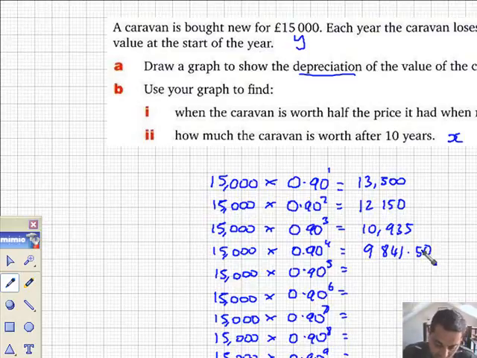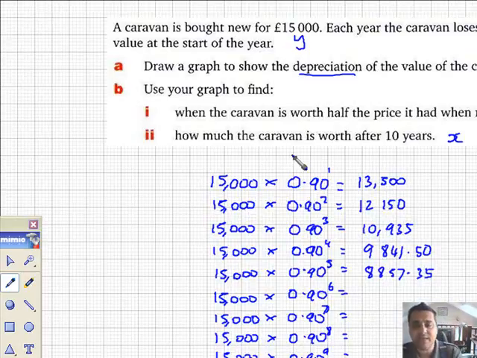Times that by 0.9. 8,857. Now, can you notice that already the drop isn't so great year on year, because I'm working out 10% of a smaller number. When I subtract that, I end up with less of a drop.